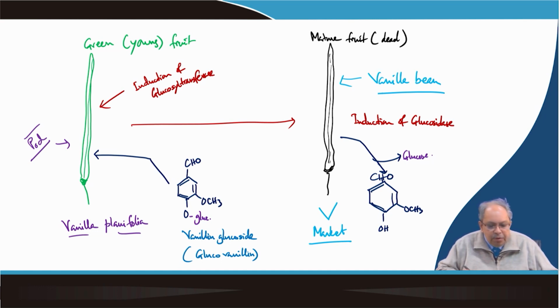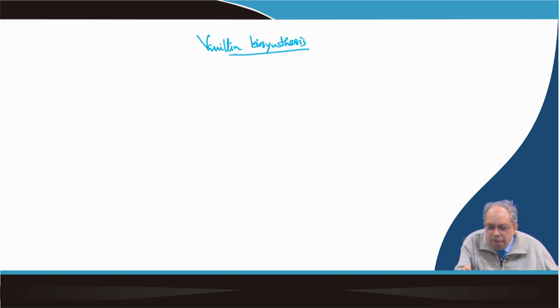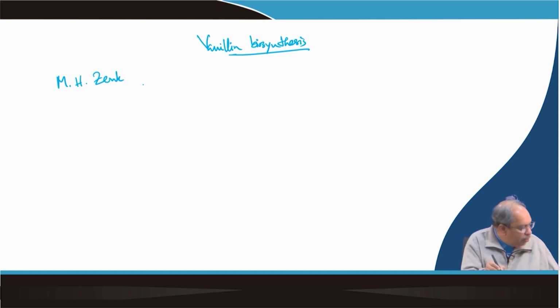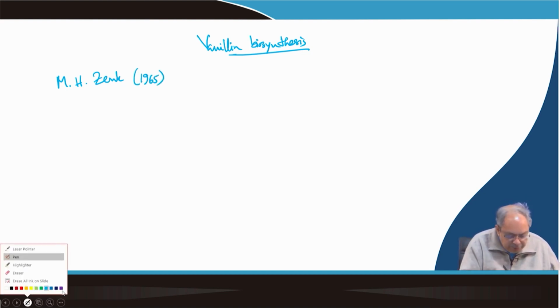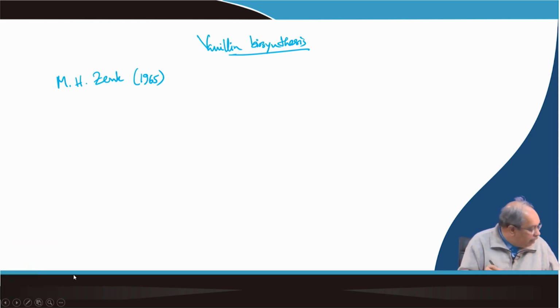The work on vanillin biosynthesis started as early as the 1970s by a scientist called M.H. Zenk in Germany. Zenk proposed that vanillin can be formed from ferulic acid.